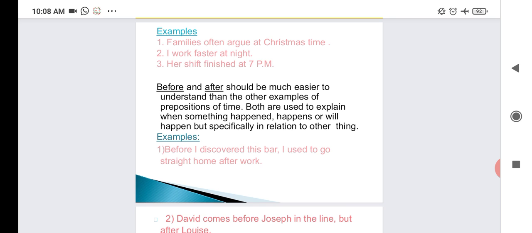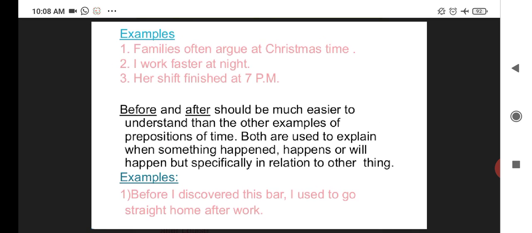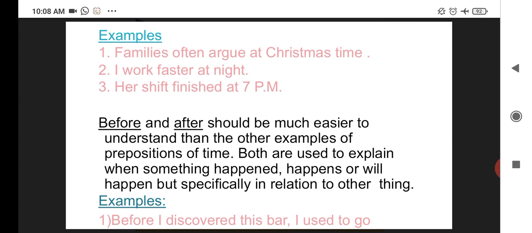Again, different examples are selected to get more clarification for yourself. If I take the examples for at: families often argue at Christmas time. I work faster at night. Her shift finished at 7 p.m.